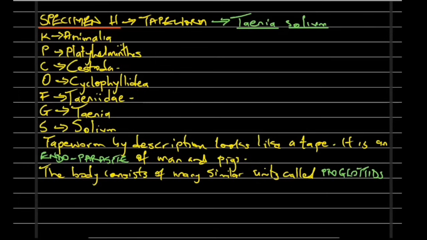Now, tapeworms, like I said, are usually flat and they have segmented bodies. Although the adult tapeworm is usually found in the intestine, they oftentimes cause abdominal discomfort.